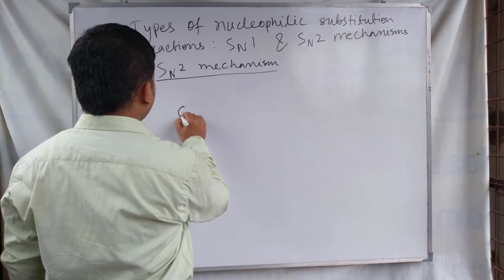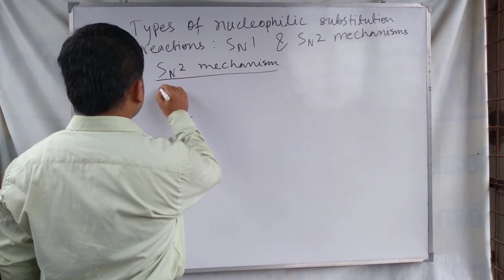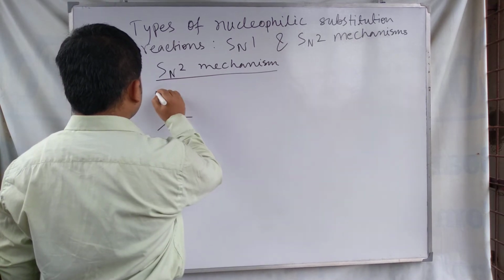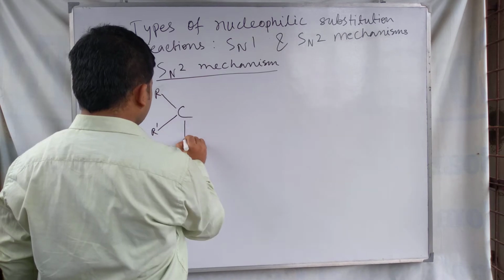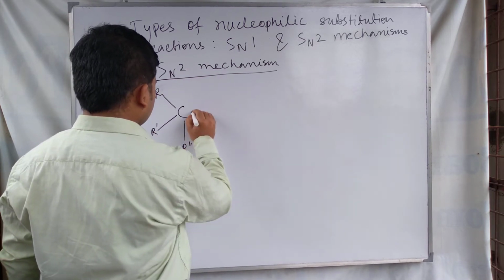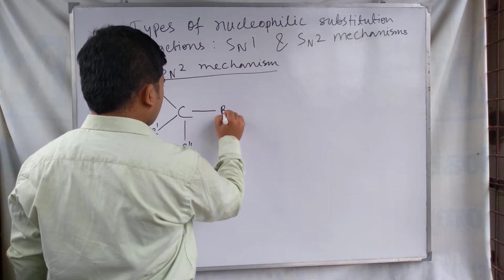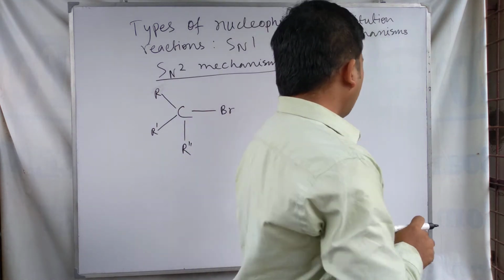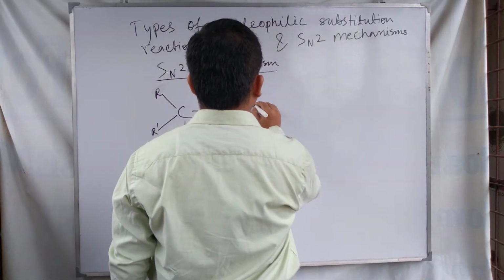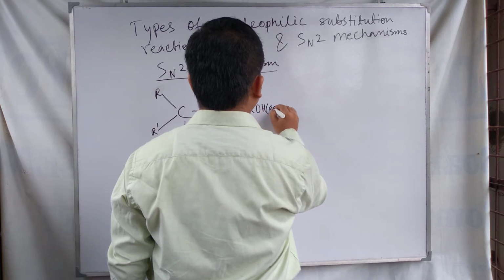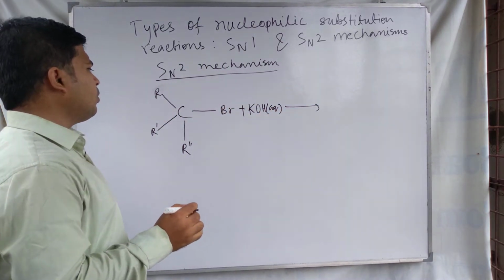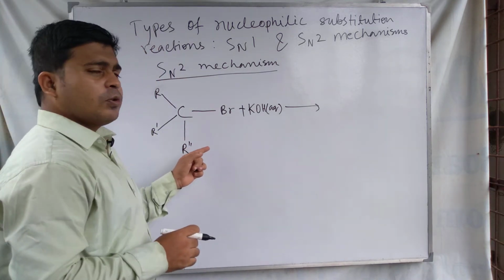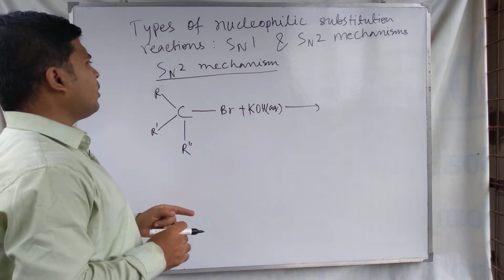In the SN2 mechanism, suppose this one is our reactant, in presence of aqueous KOH, the reaction occurs, and this is called the SN2 mechanism.